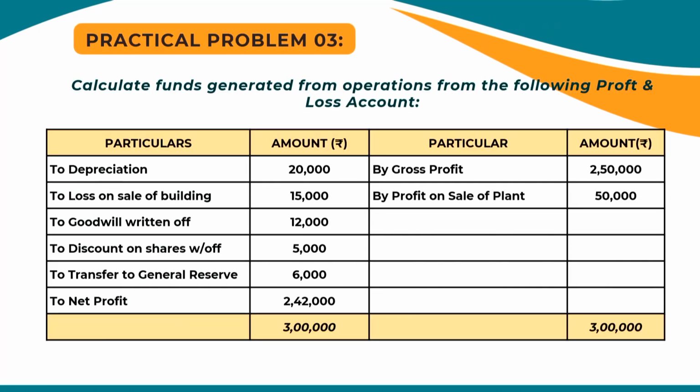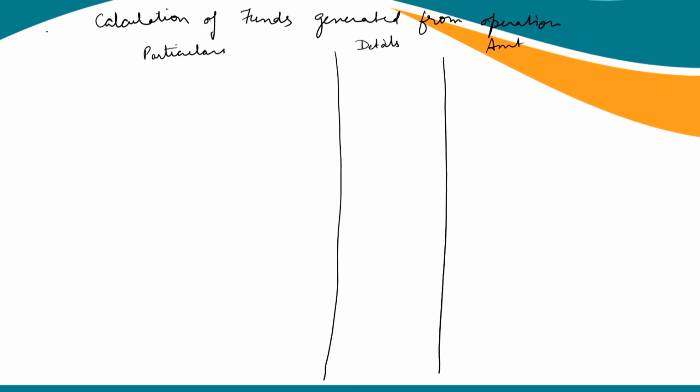and it is showing the net profit in the end is amounting to rupees 2,42,000. So we start with this figure of net profit. So first we consider net profit as per profit and loss account, which is given, 2,42,000 rupees.